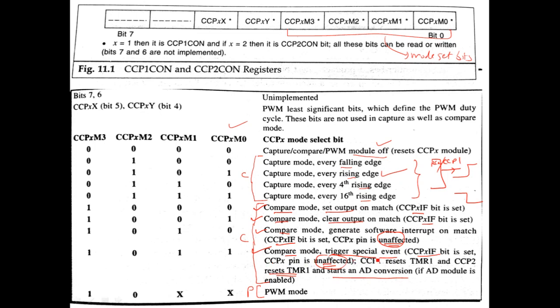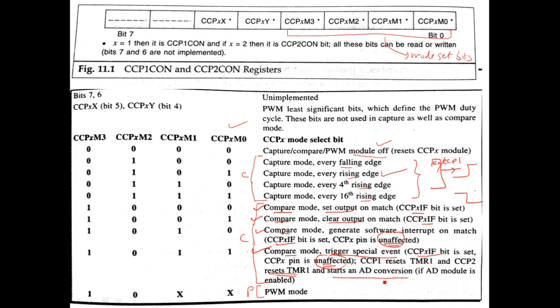So what is going to happen is that you have loaded some count n in the CCP count register. When the timer count matches with that, your A to D conversion will be started. And it will reset timer 1 automatically, so that the counting of the timer will be restarted.